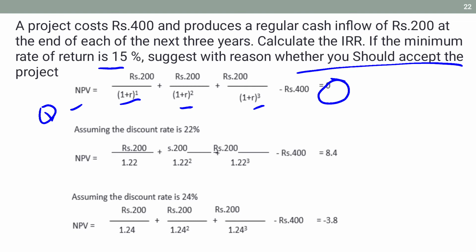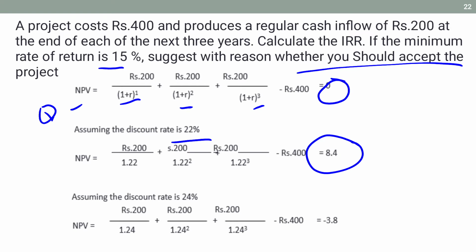Assume, hypothetically, a percentage, so I have taken 22%. Then you find the NPV, right. How then will the formula be changed?